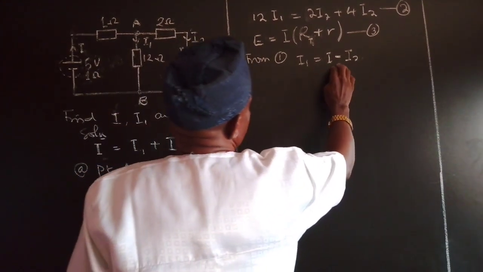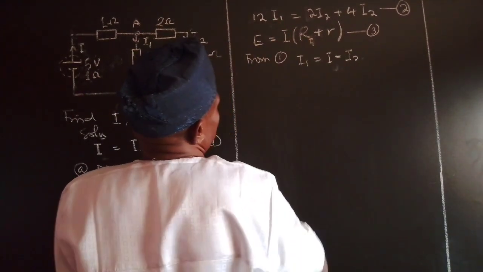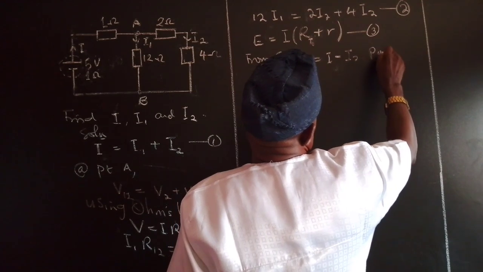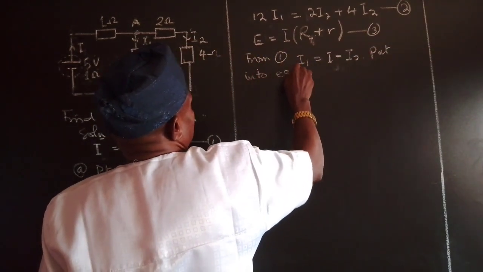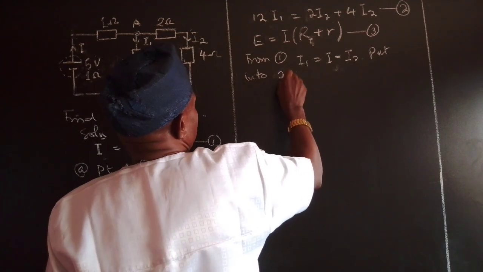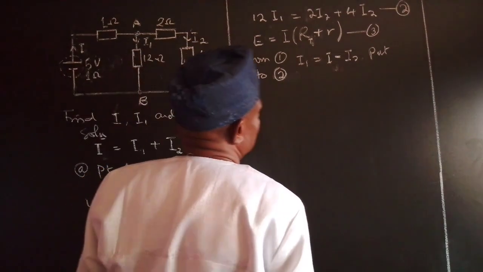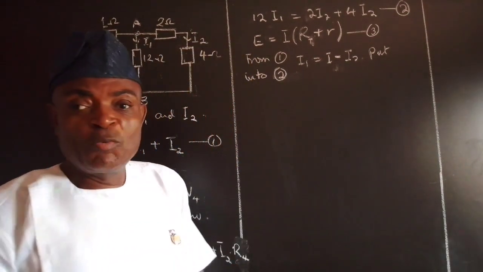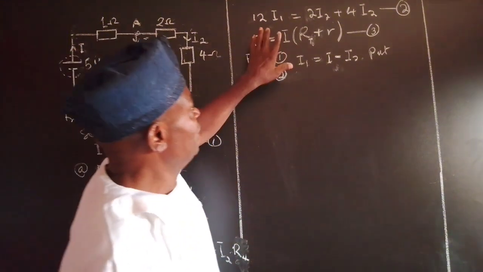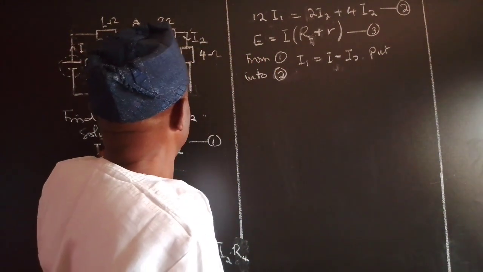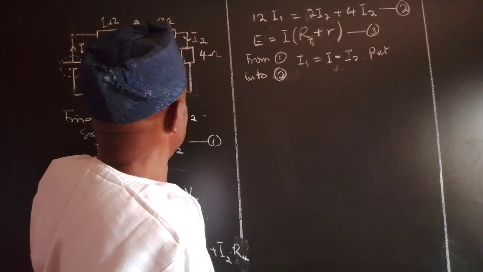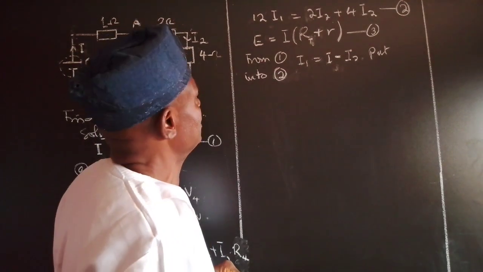So we substitute this into equation 2. Why are we trying to do this? We have 3 equations here and we are looking for current I1 and current I2.